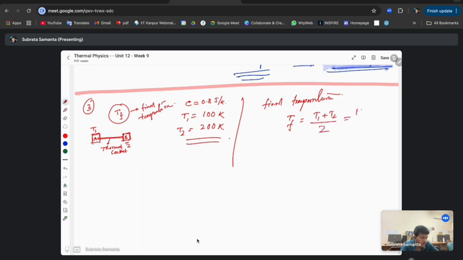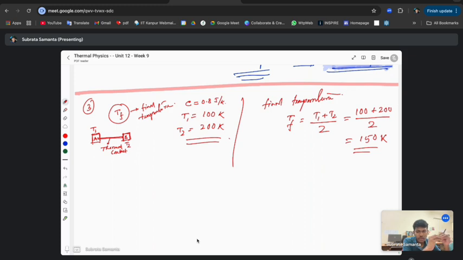So this is 100 plus 200 over 2, which is 150 Kelvin.